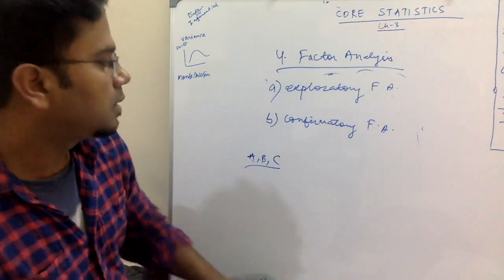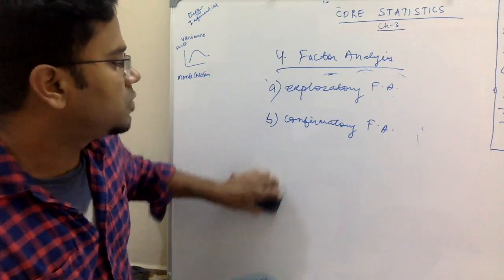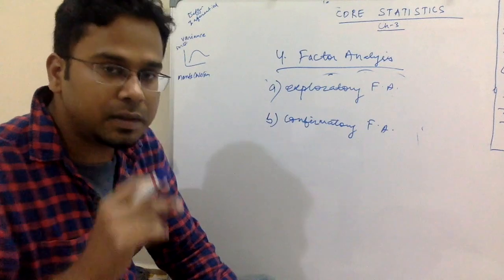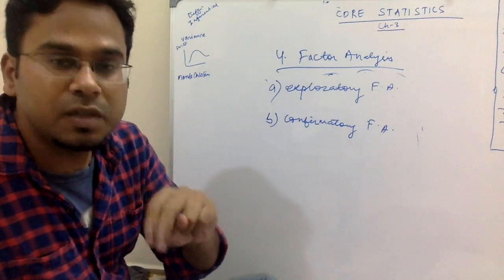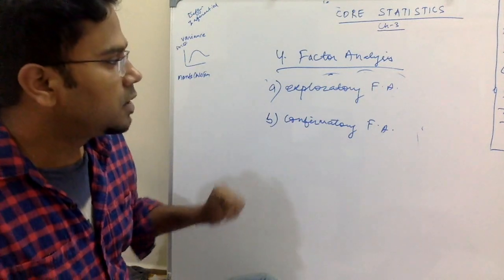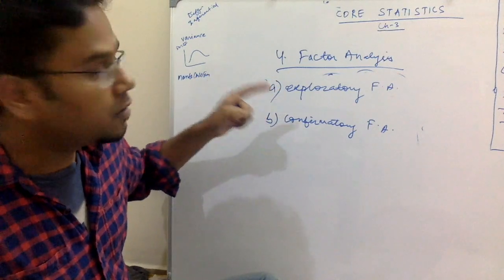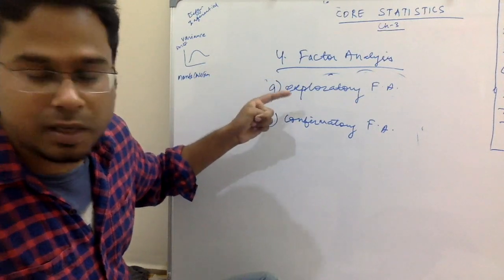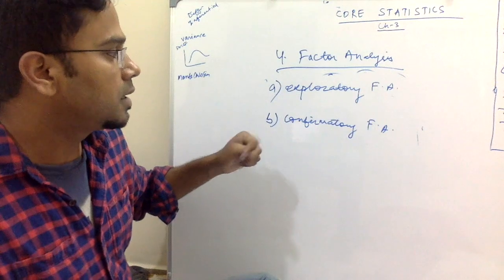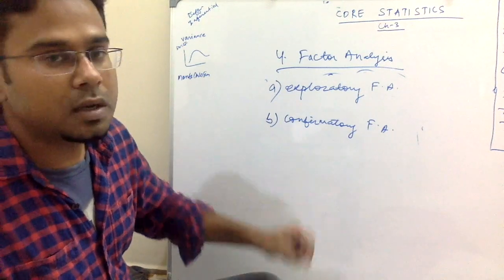But let's assume that there is a situation in which you already know that there would be three factors or five factors. So in the first case where you don't know how many factors there would be, that is called exploratory factor analysis. And the second type is called confirmatory type.